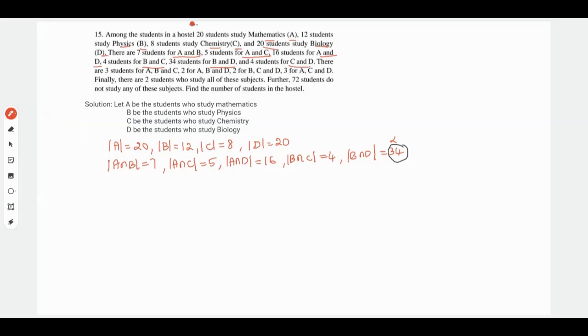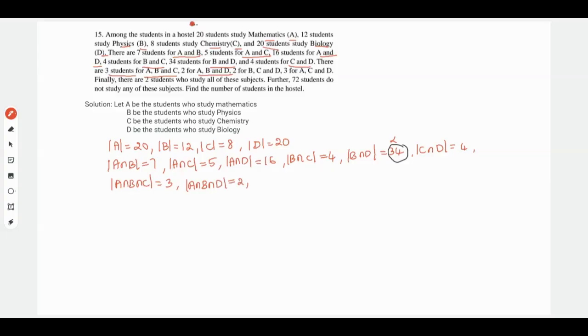Then C and D is 4, and there are 3 students for A, B and C. Then A, B, D, they are 2.